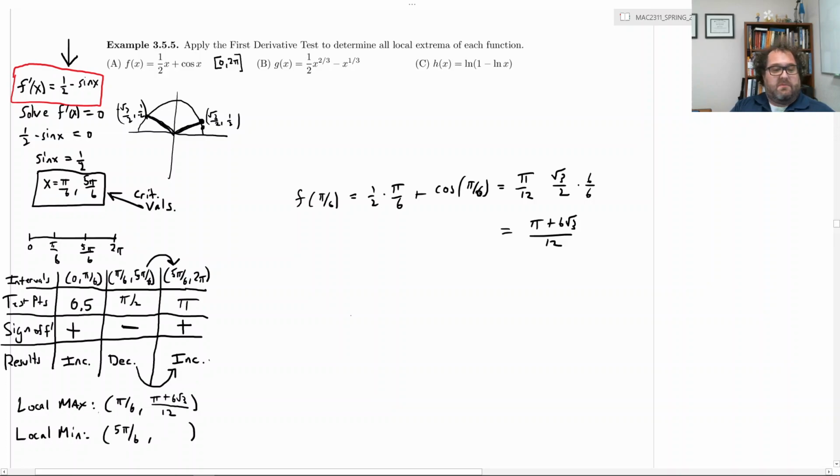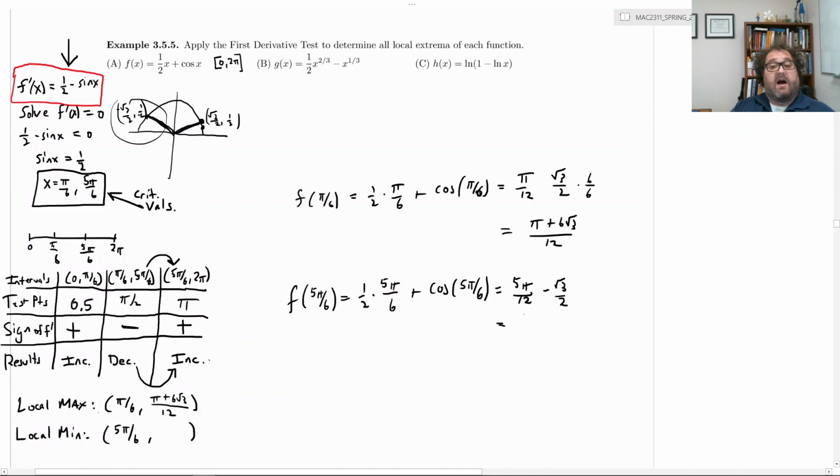And now let's do the same thing for 5π/6. What's f of 5π/6? Well, that's going to be 1/2 times 5π/6 plus cosine of 5π/6. So that's 5π/12 this time. And what's cosine of 5π/6? Okay, 5π/6 is this situation over here, which has a cosine value of negative √3/2.